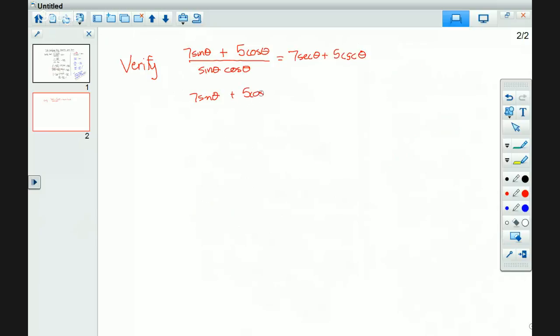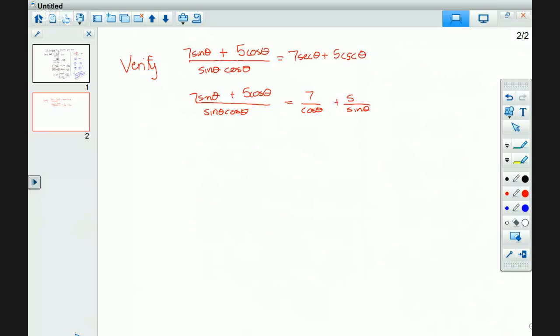And again, we're writing it out, the whole thing, because it's organization. Is that true? Okay, so that was the first tip I gave you. Now everything's in sine and cosine. Might look a little bit different.